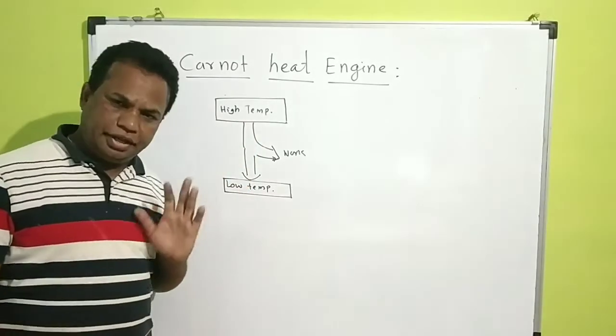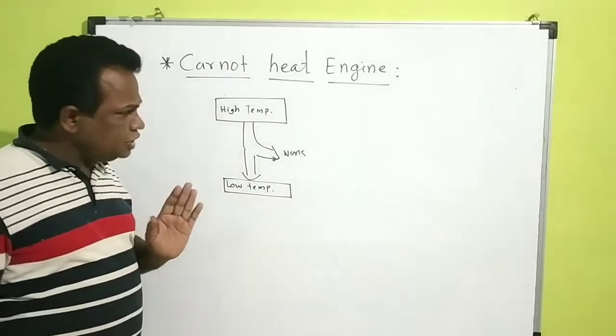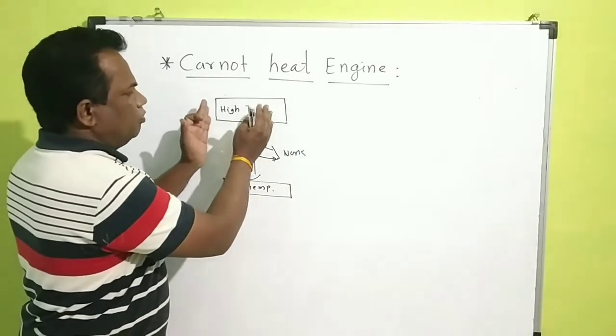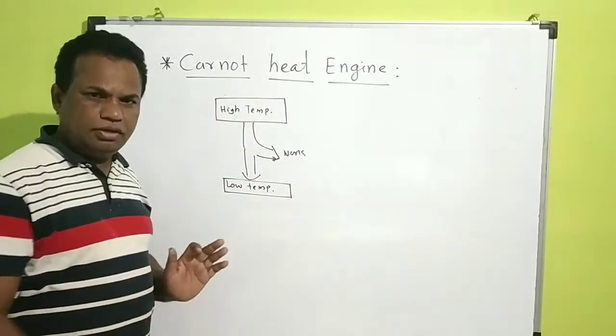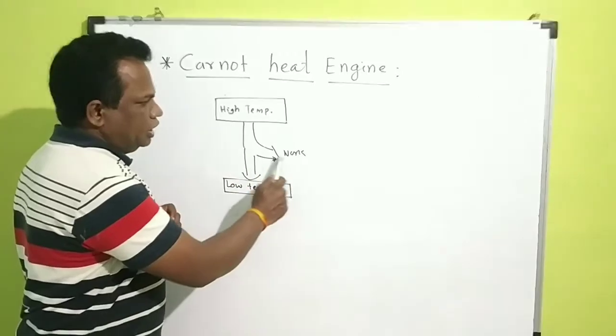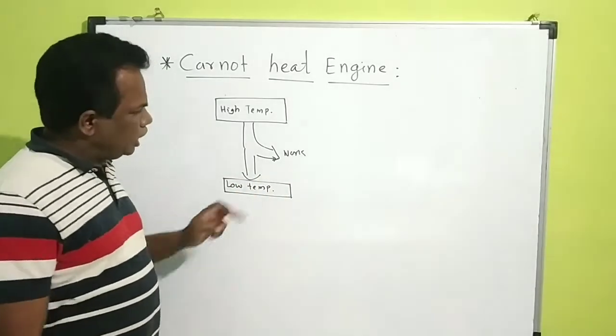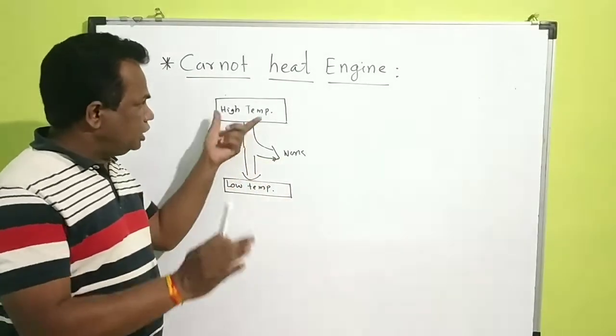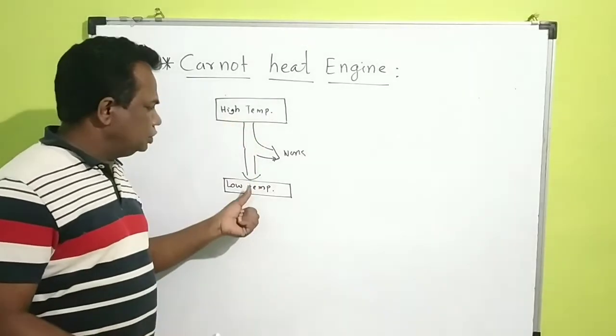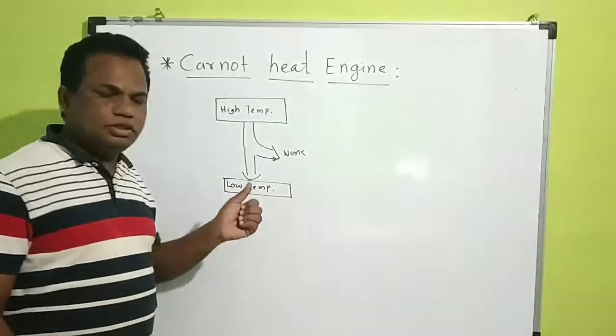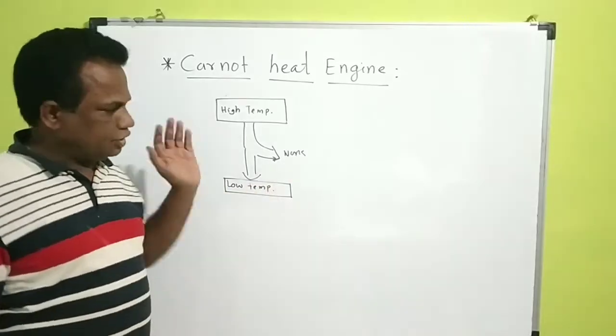Friction, low temperature. Right? So that means the heat energy taken from the petrol or diesel is partly converted into mechanical work, and the remaining part of that heat is given to the atmosphere, that means the low temperature system.